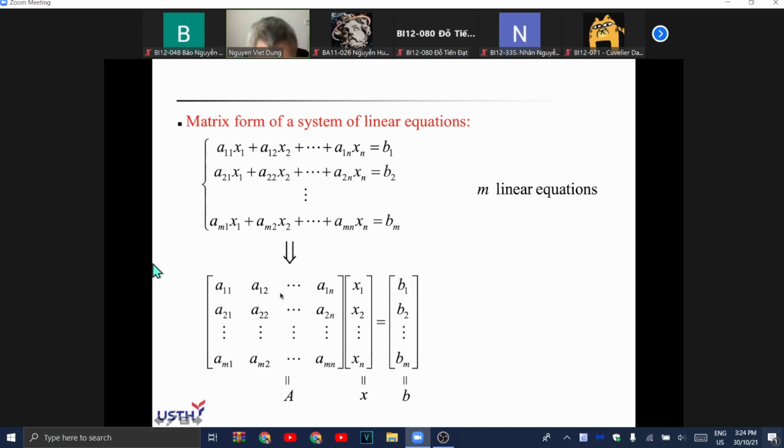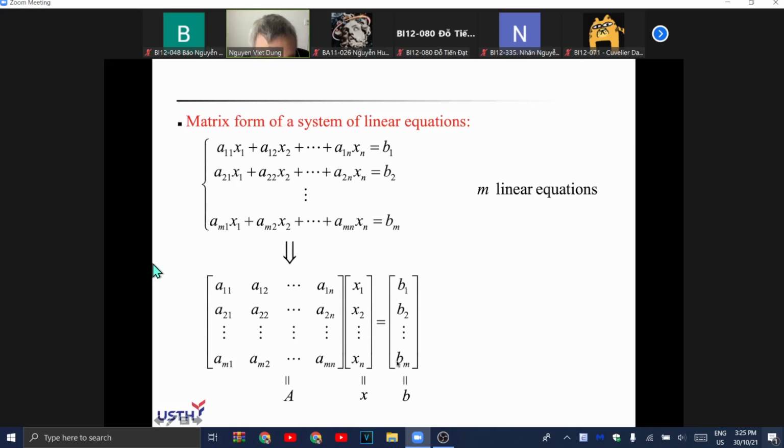If you multiply that row with that column, you get the left-hand side of the first equation. If we multiply the second row with the column of variables, you will get the left-hand side of the second equation, and so on. And the last row multiplied with the column of variables gives the left-hand side of the last equation.